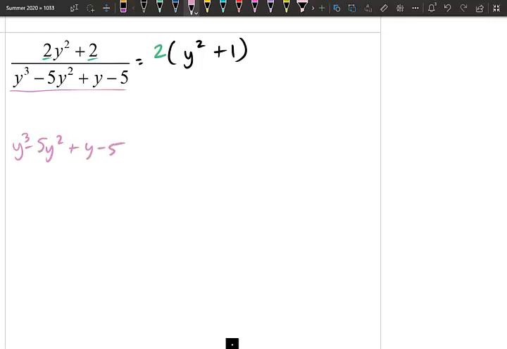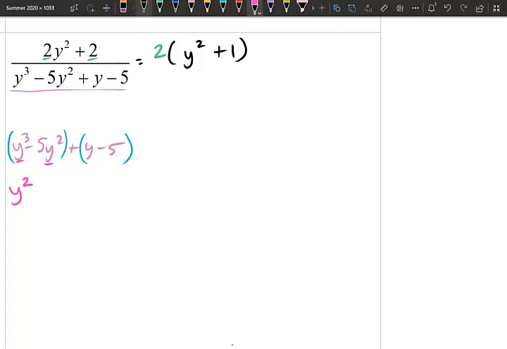We're going to factor by grouping here. So what I'm going to do is I'm going to group these together and that together. Why? Because they both have y squared in common. They both have a bunch of y's in common. So that's what we're going to take out. We're going to take out the y squared.